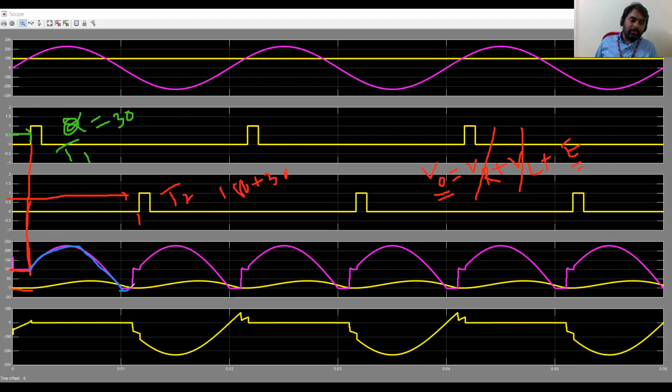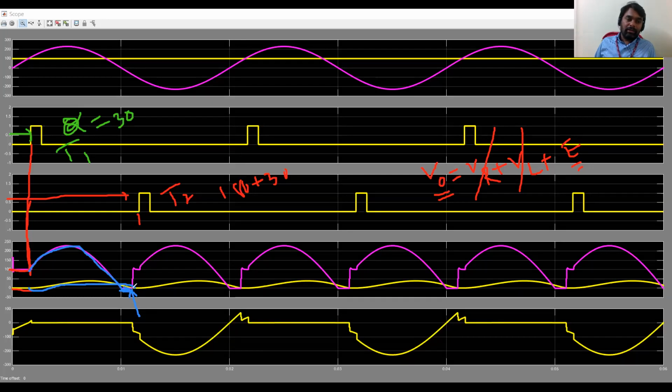And at this particular point, you can see the 0 voltage, because here the current is completely extinguished to 0. So during this interval, T1 will be in conduction state and D1 will be in conduction state, you will get some voltage.